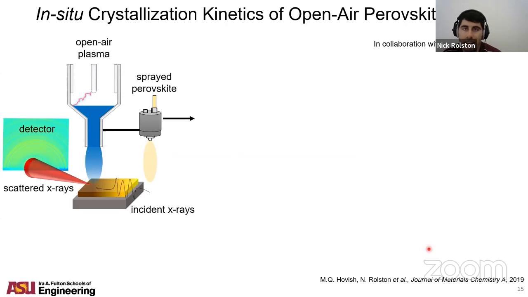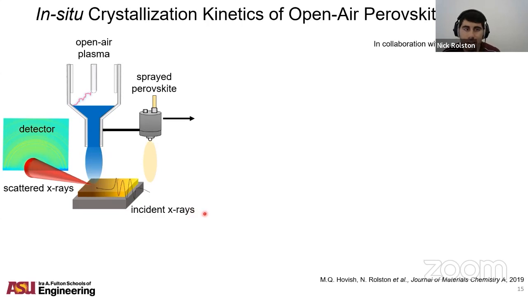In this case, we used an alternative approach that was an open air process method, where we spray coated the perovskite and used an open air plasma system to then crystallize the perovskite very, very quickly. This prevents as much heating from happening because it's a very fast process, and the plasma contains reactive species and ions that enable more rapid crystallization.